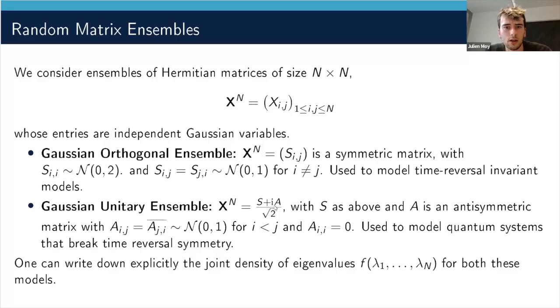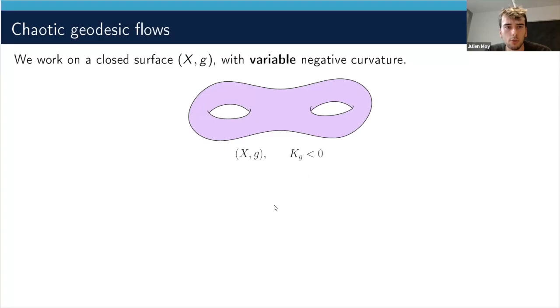Okay, so in the slide before I talked about chaotic geodesic flows, so I need to explain this. We will work on surfaces that have variable negative curvature. So I don't ask the curvature to be constant, but I ask it to be negative.